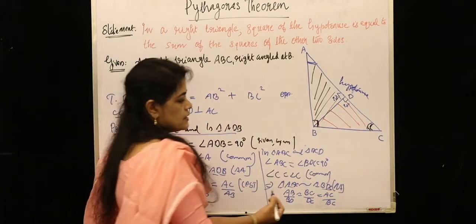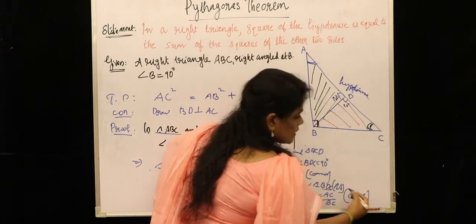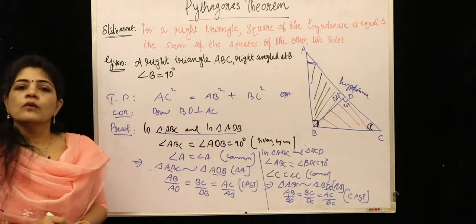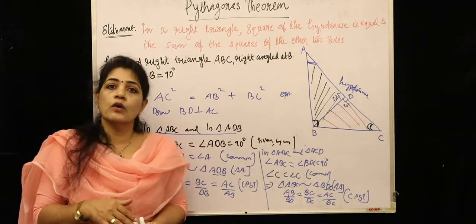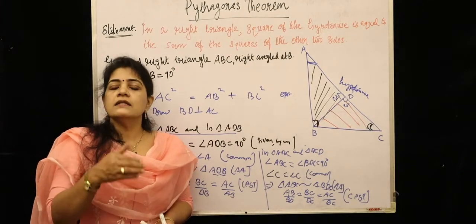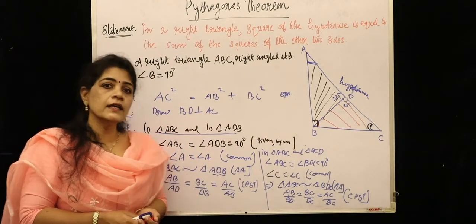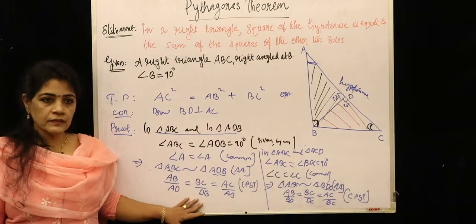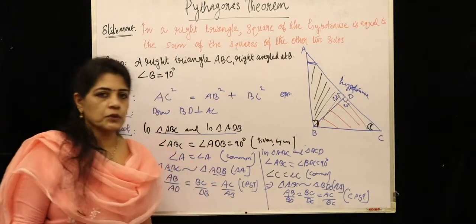By CPST, their ratios are same. So, we have proved that the two triangles on either side of the perpendicular BD are similar to the big triangle ABC. And we have written their ratios. The corresponding sides are in the same ratio.